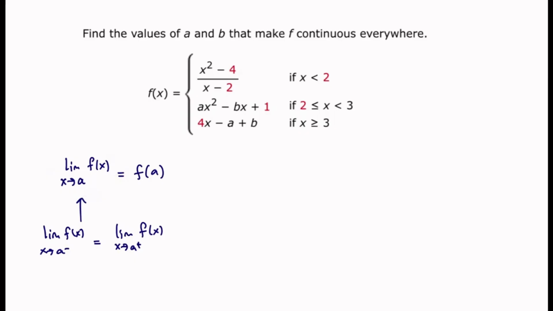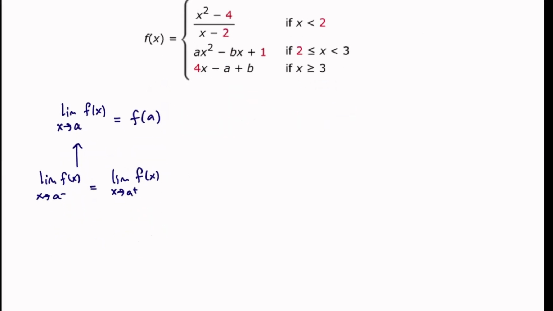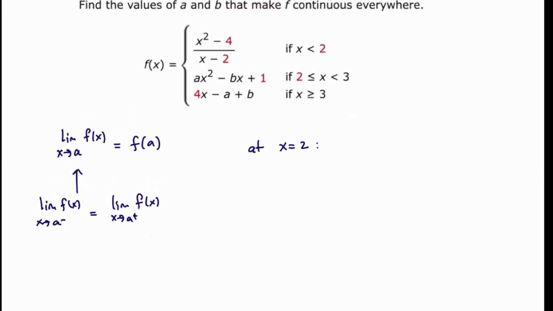So we want to make this function f continuous everywhere. So at 2, at 3, everywhere. The first thing we're going to do is make it continuous at 2. So we can look at x equals 2. If I want it to be continuous at x equals 2, that means the limit of this function f of x as x approaches 2 must equal f evaluated at 2.